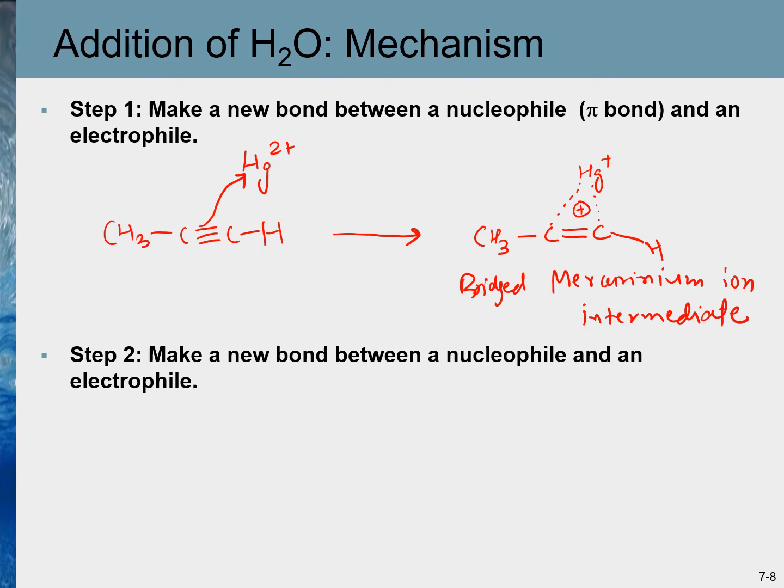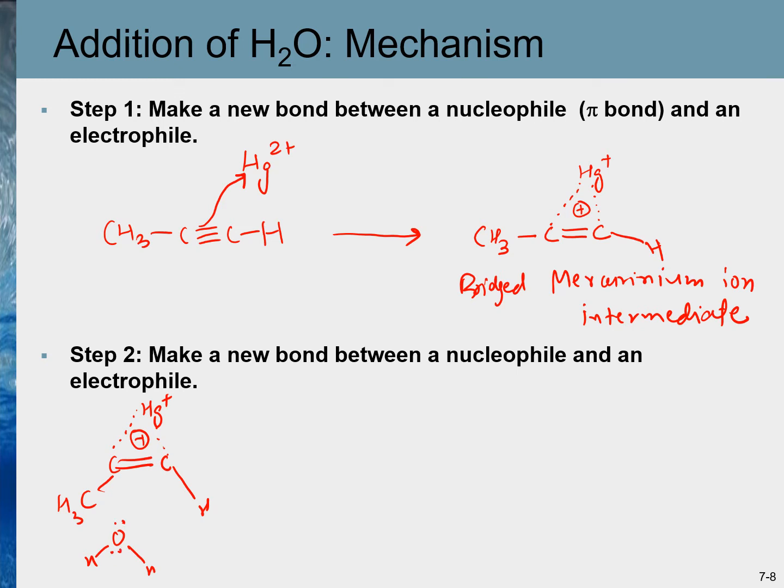The second step involves the attack of water as a nucleophile to the bridged mercurinium intermediate, and this attack takes place at the anti-position.